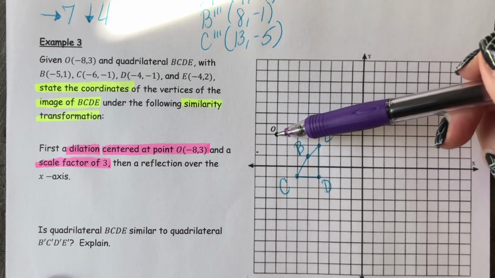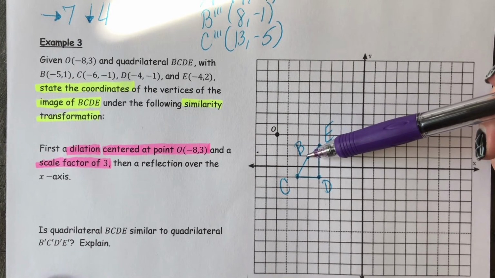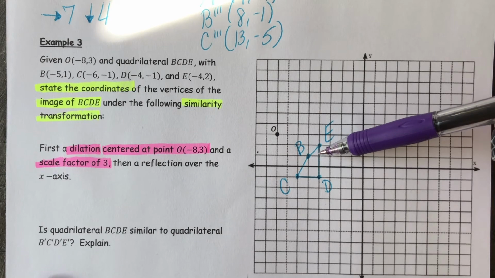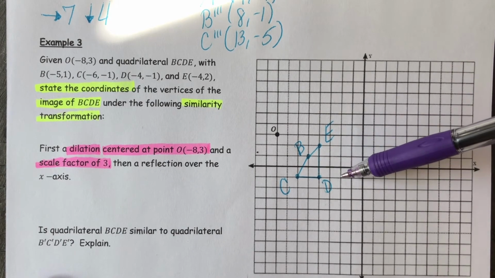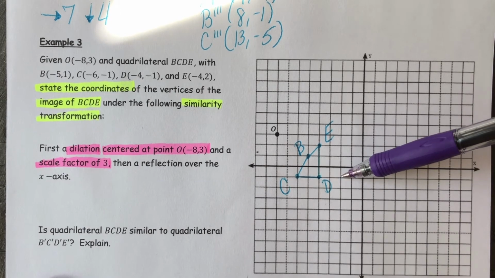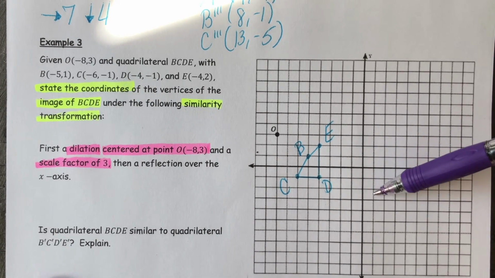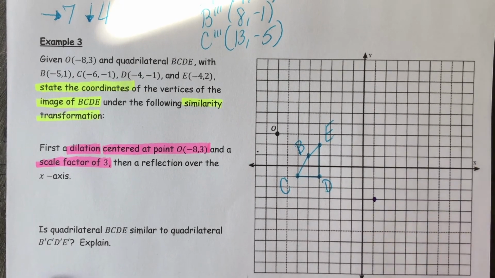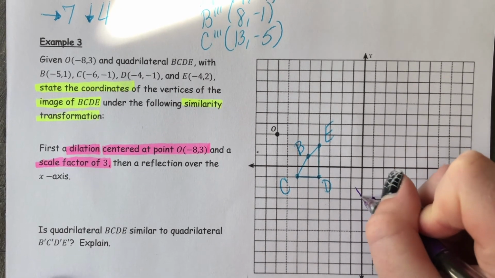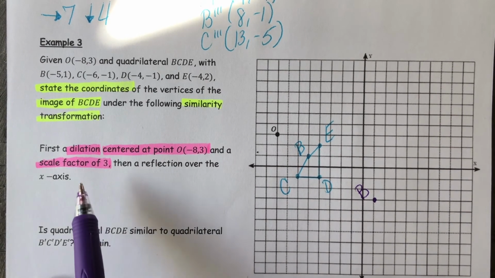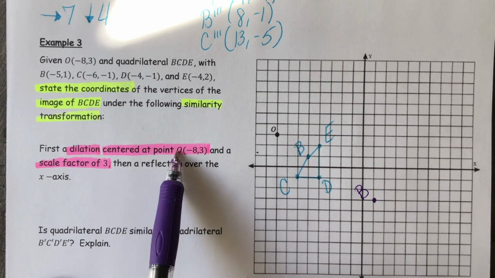So if I go to the right 3 and down 2, that's a scale factor of 1. If I go to the right 3, down 2 again, that's a scale factor of 2. And if I do it one more time, to the right 3, down 2, that would have been my scale factor of 3. So this is where my new coordinate for B would have been moved to after I dilate with a scale factor of 3 from that center.